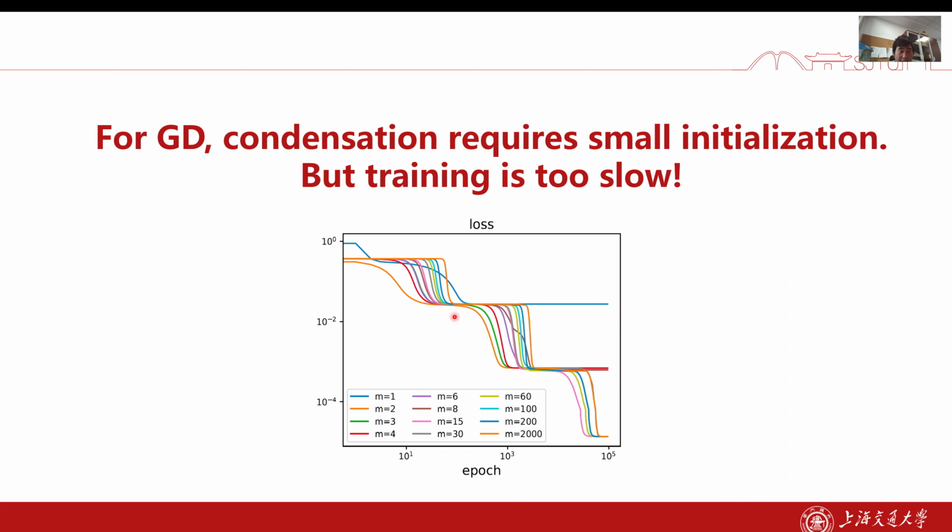Once we have these plateau stages, it makes us wonder whether the training has stopped or has encountered a local minimum, and so on. It also wastes a lot of computation resources. So the training is very, very slow.